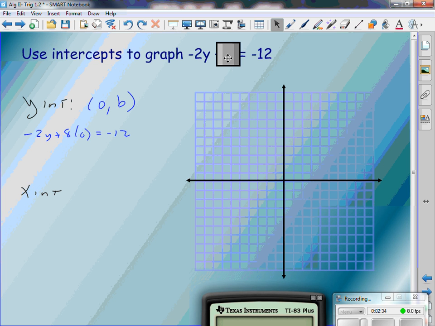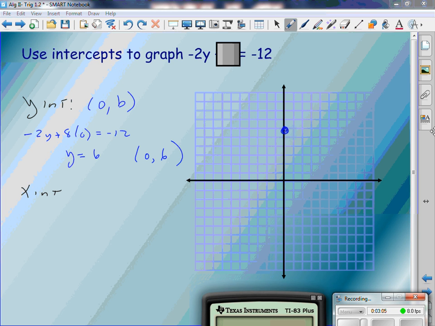What does the problem really say there? Negative 2y equals negative 12. I covered it up. What's y? Y is 6. So my coordinate is 0, comma 6. 0, 1, 2, 3, 4, 5, 6.